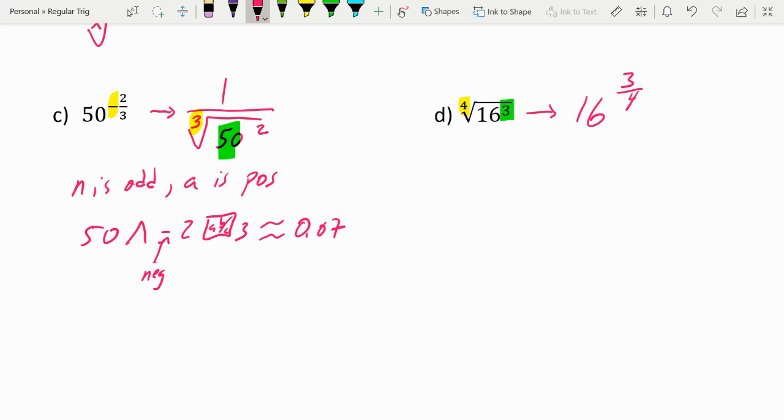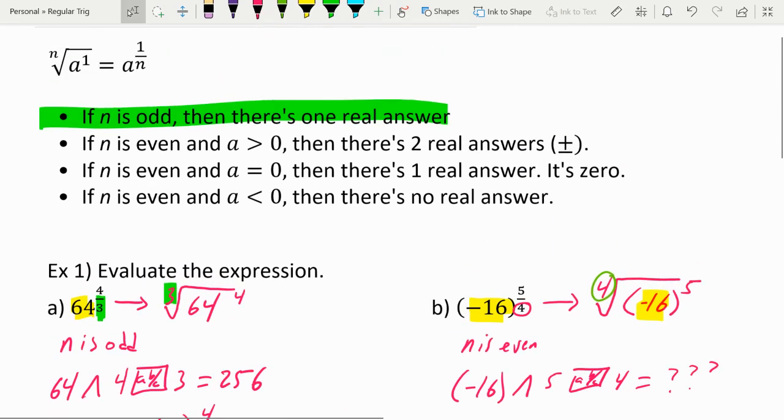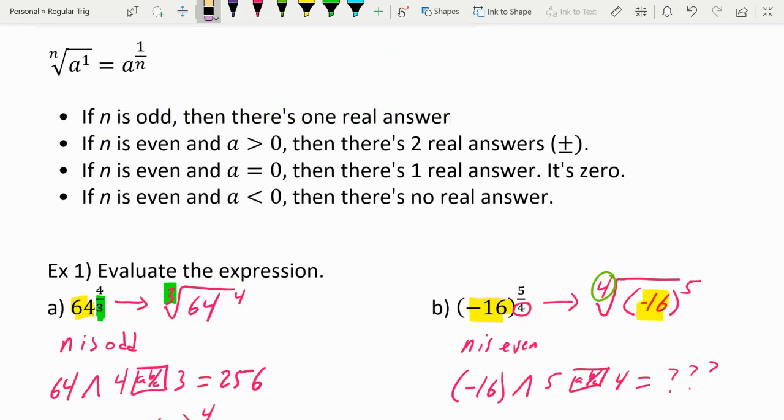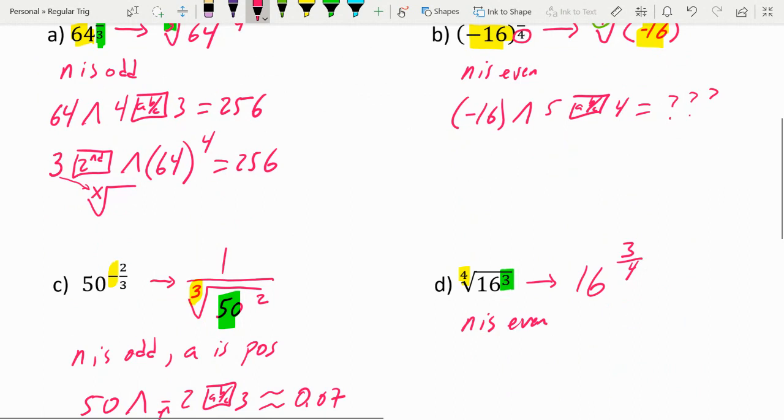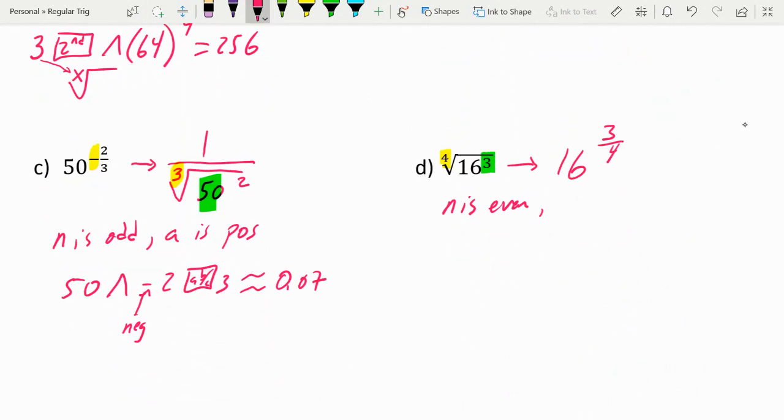All right. So in this case, N is even. All right. N is even. So we look up here. Let me erase this one where I screwed up earlier. All right. N is even. So I know it's going to be one of those 3. So N is even.